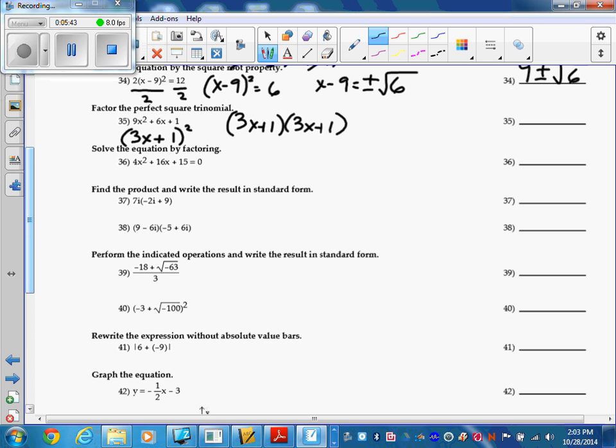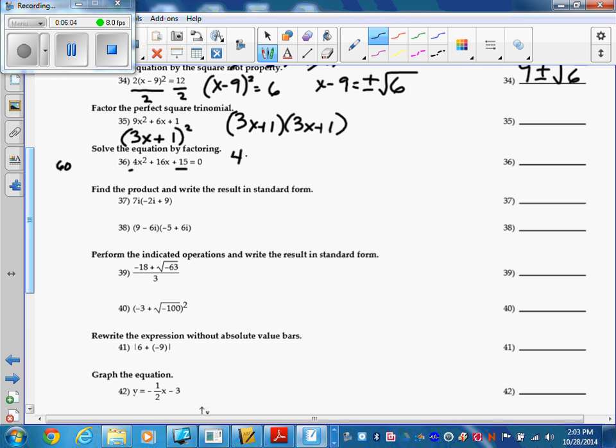Okay, number 36. Solve by factoring. So 4 times 15 is 60. So factors of 60 that add or subtract to give me 16 are what, 6 and 10?